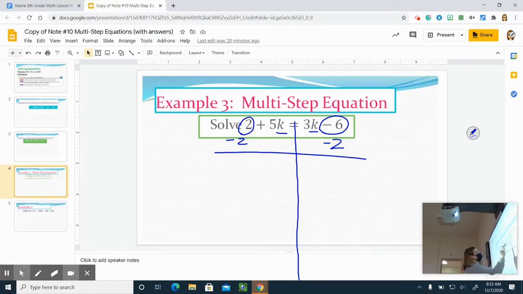All right, I didn't do anything with that. I'm going to bring it down. Didn't do anything with that. Bring it down. -6 minus 2 is -8. All right. So we added and subtracted. Now we're going to add, subtract again.